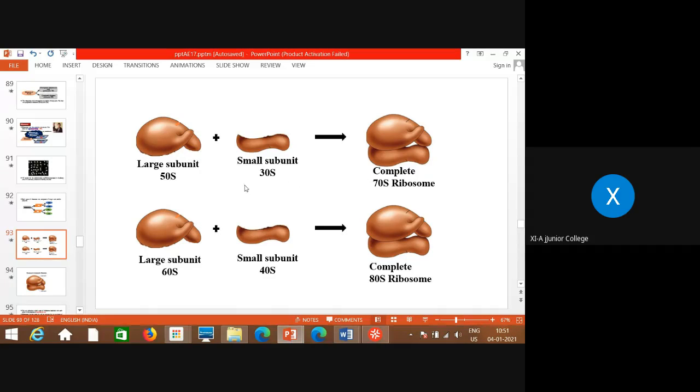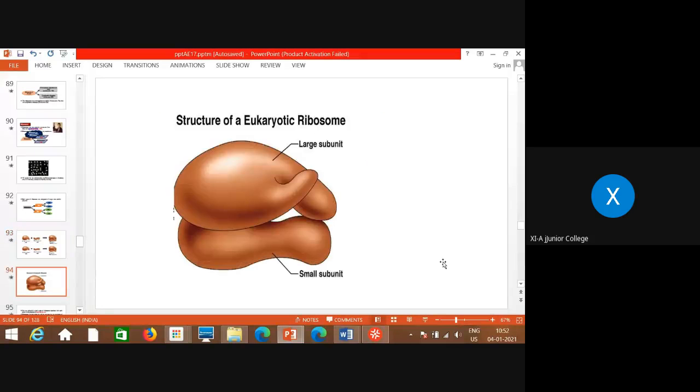Remember that 50 and 30 are separate. When they are complete during the protein synthesis, their gradient is 70S only. Same in case of eukaryotes. When they are separate, they are 60S as larger and 40S as smaller. But when they come in contact with each other, it becomes 80S during the process of protein synthesis only.